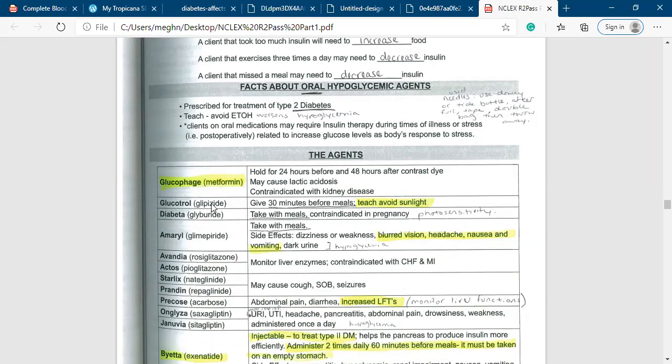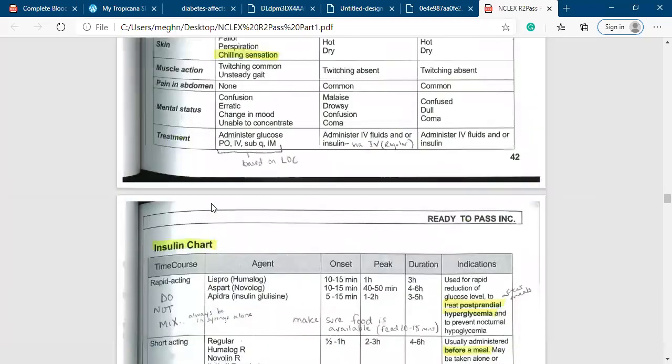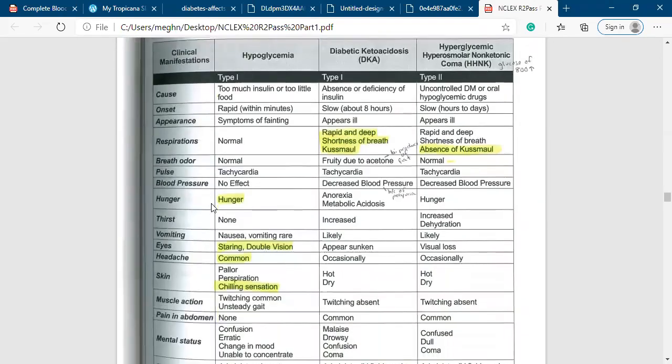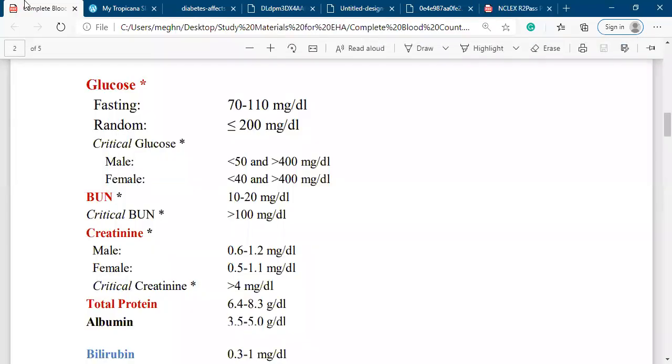An easy way to remember: type 1 diabetes is most common in children or patients with a positive family history. But type 2 may or may not have family history, and it is also most common in adults, right?